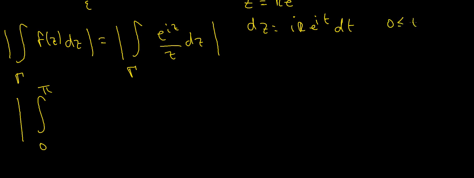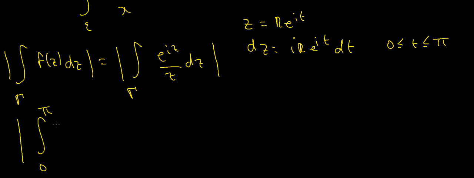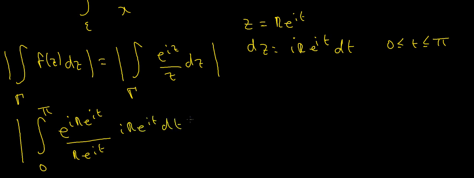So 0 is less than or equal to t, which is less than or equal to pi, of e to the iz, but z is r e to the it. So let me just scroll up and make you see that. So e to the iz, which is e to the i r e to the it, divided by z, which is r e to the it, times dz, which is ir e to the it dt.